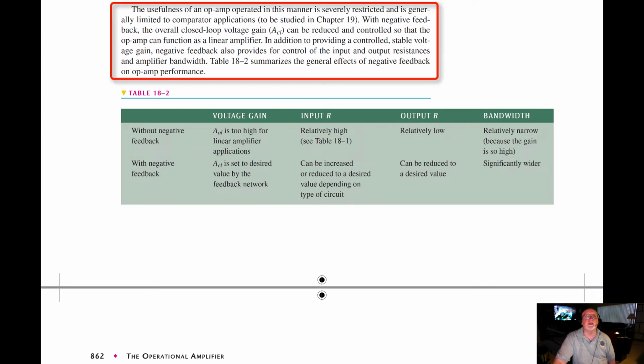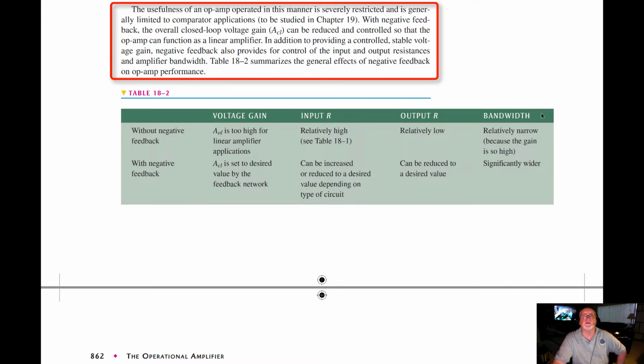The usefulness then of an op amp operated in this manner is severely restricted and generally limited to comparator applications. With negative feedback, the overall closed loop voltage gain, the ACL instead of the AOL, can be reduced and controlled so that the op amp can function as a linear amplifier.